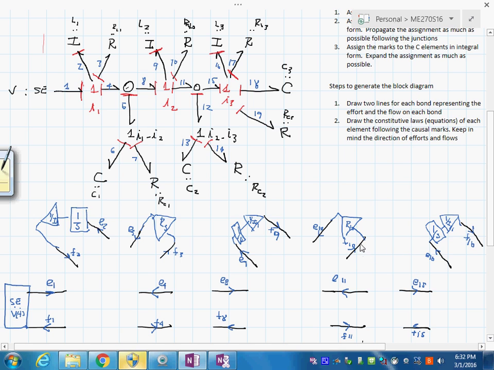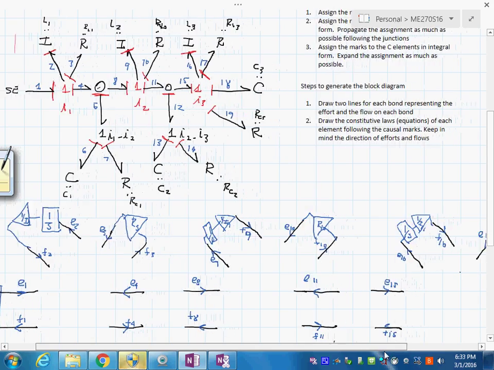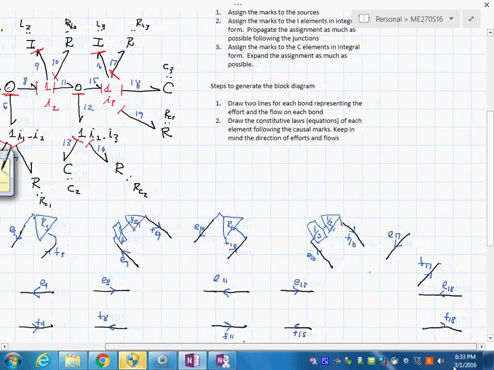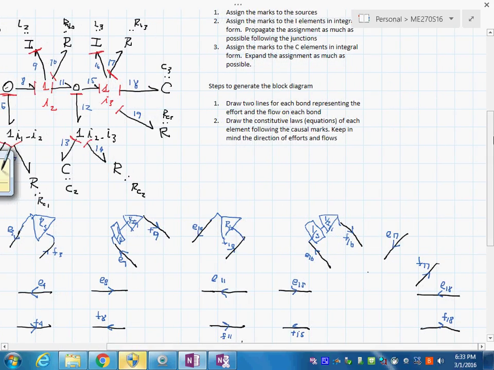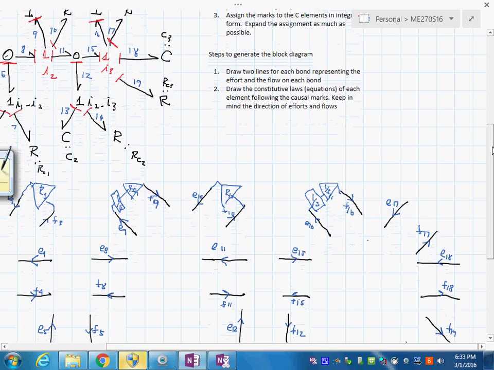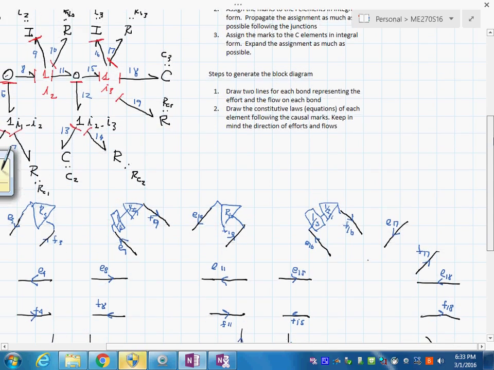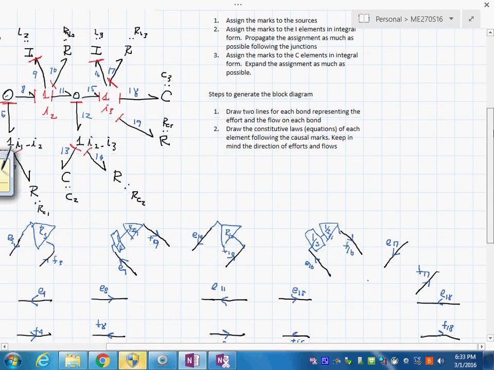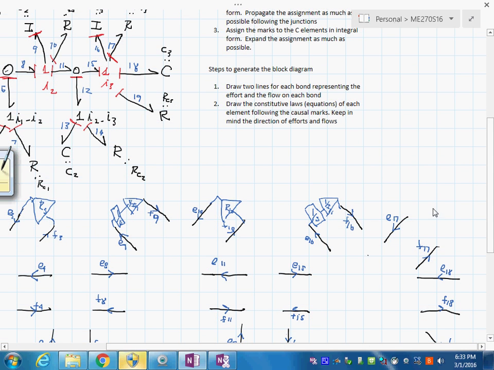So I am building based on all the constitutive relationships of each single element. This would be R14, and there you have it. For the C element over here, sorry, I was starting to draw wrongly.